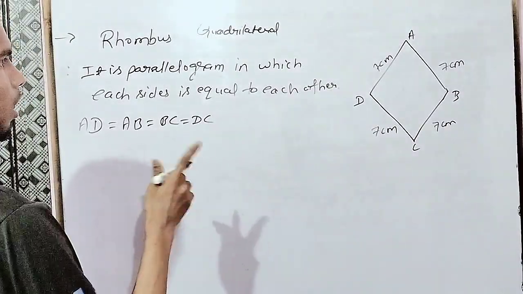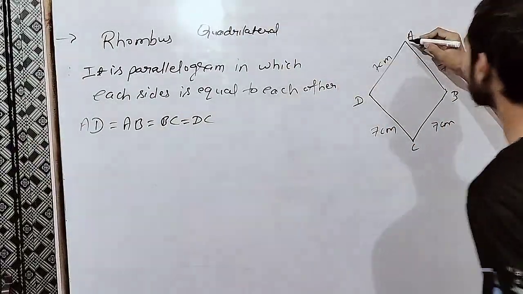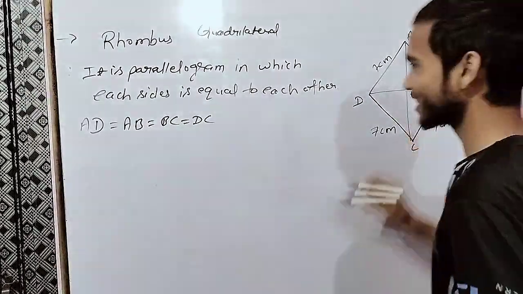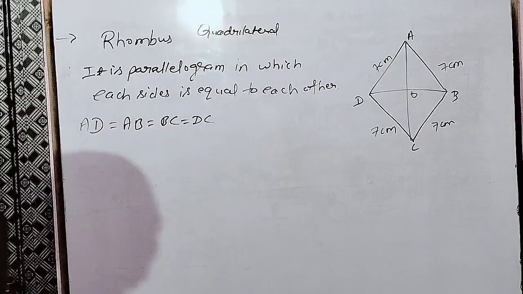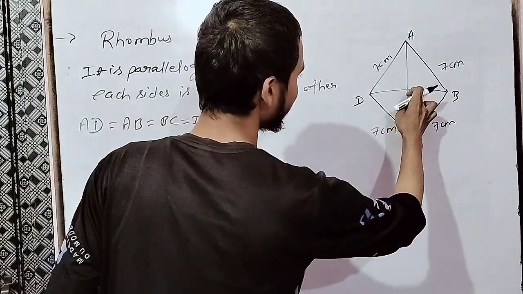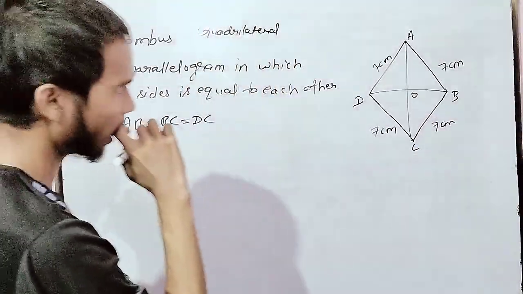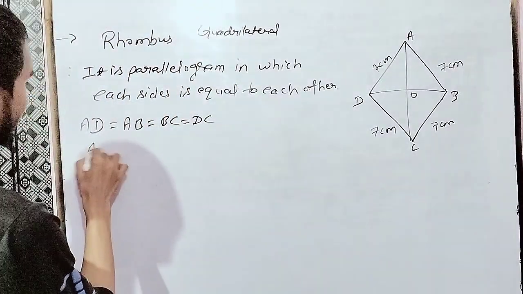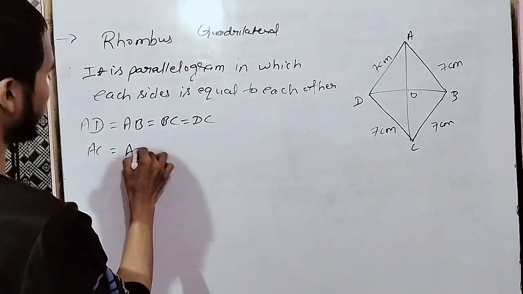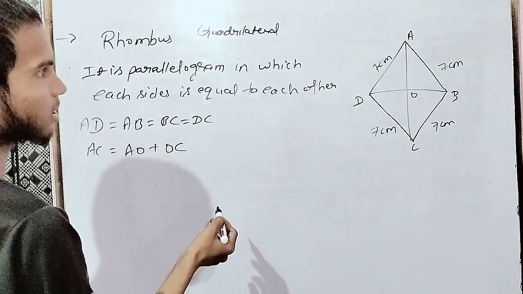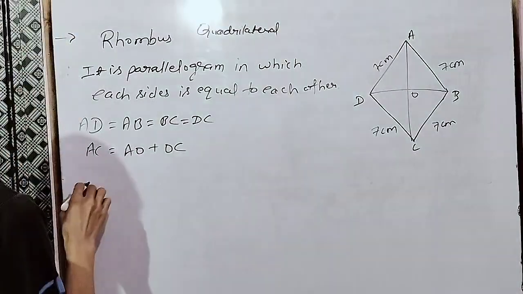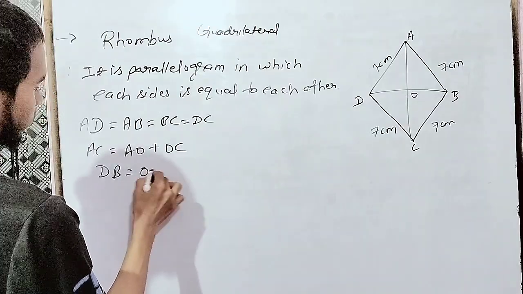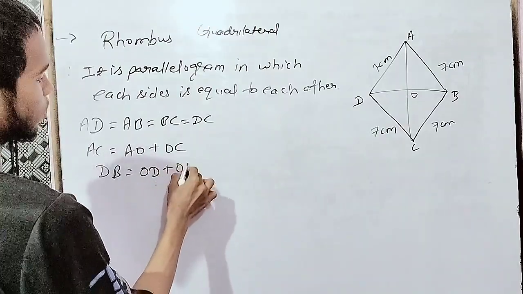Clear? Now we have two diagonals, which are intersecting at O. Can we say AC is equal to AO plus OC? Of course, yes. And also OD plus OB.